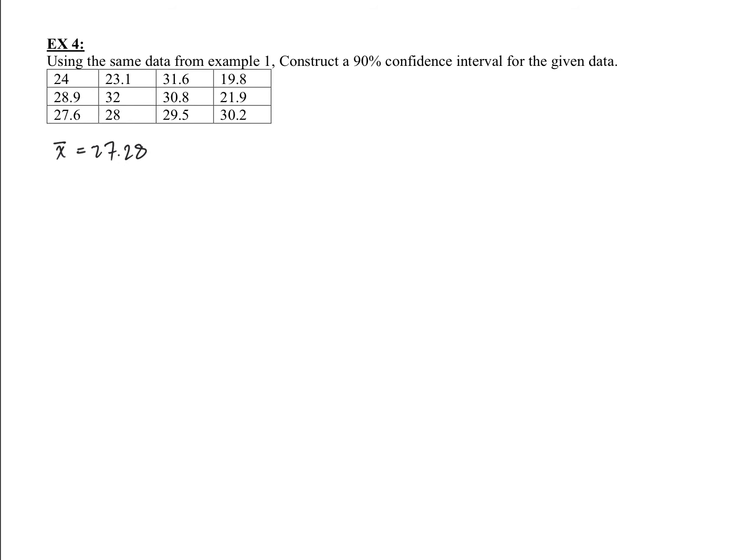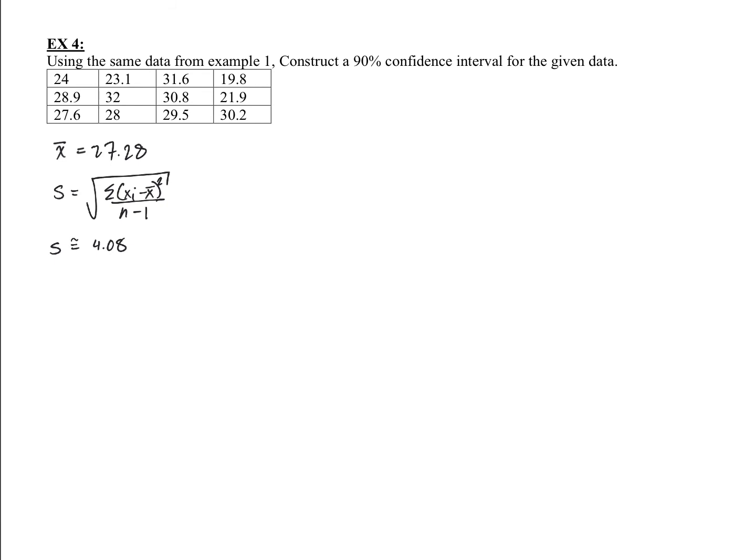Okay, so that was 27.28, and then our sample standard deviation, you would calculate the normal way, which remember would be the square root of the sum of (xi minus x bar) squared divided by n minus 1. When we plug those into our calculators, we would get about 4.08. We'll go ahead and round it to that.